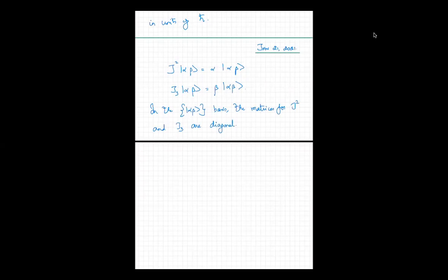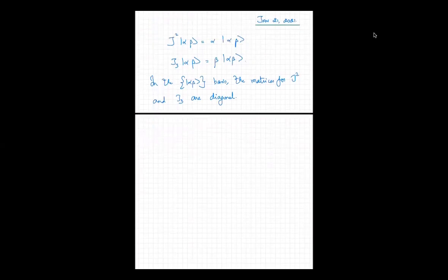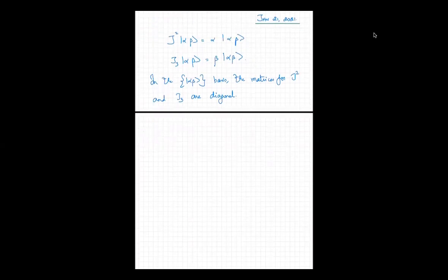So remember that J square is a Hermitian operator and J3 is also a Hermitian operator. And as we already know, eigenvectors corresponding to distinct eigenvalues of a Hermitian operator are orthogonal to each other. So you should have alpha prime beta alpha beta is equal to delta alpha prime alpha, because alpha corresponds to the eigenvalue of a Hermitian operator J square.